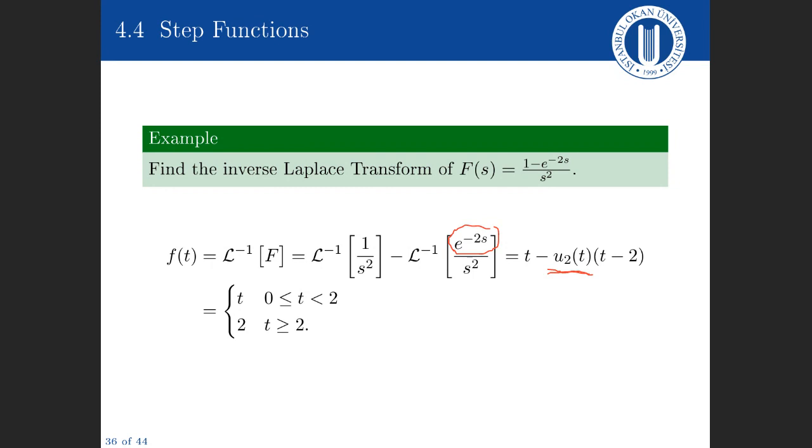But instead of the function just as t, we need to replace it by t minus 2. So we have our shifted function t minus 2. That's a good answer. We could leave the answer like this if we wanted to, or we could choose to write this as t if t is between 0 and 2, or 2 if t is greater than 2.